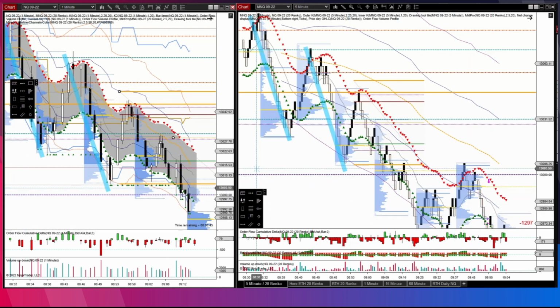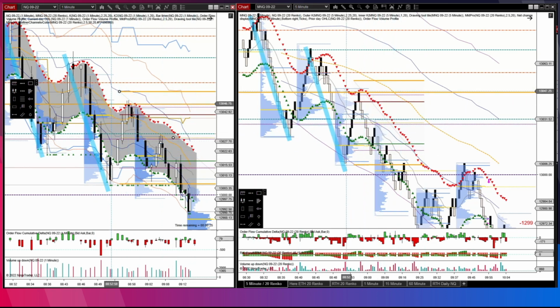My main indicators, as you see, are SMAs and Keltner channels, because I believe the price moves in ranges. I don't like to be drawing the ranges. I try to look at which time frame is moving, maybe 1 minute or 5 minutes, depending on what the price is doing.